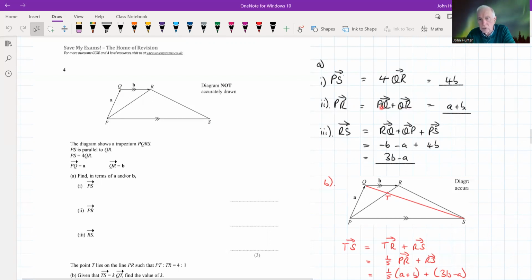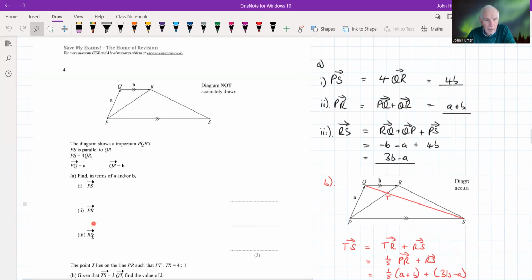So this is the expansion. Now, how do we know it's the expansion? Well, because these Qs in effect cancel each other out. So if you imagine all that middle bit falling away, then we can see that PR equals PQ plus QR, and PQ equals A, we're given that, QR equals B, we're given that, so PR is going to be equal to A plus B.